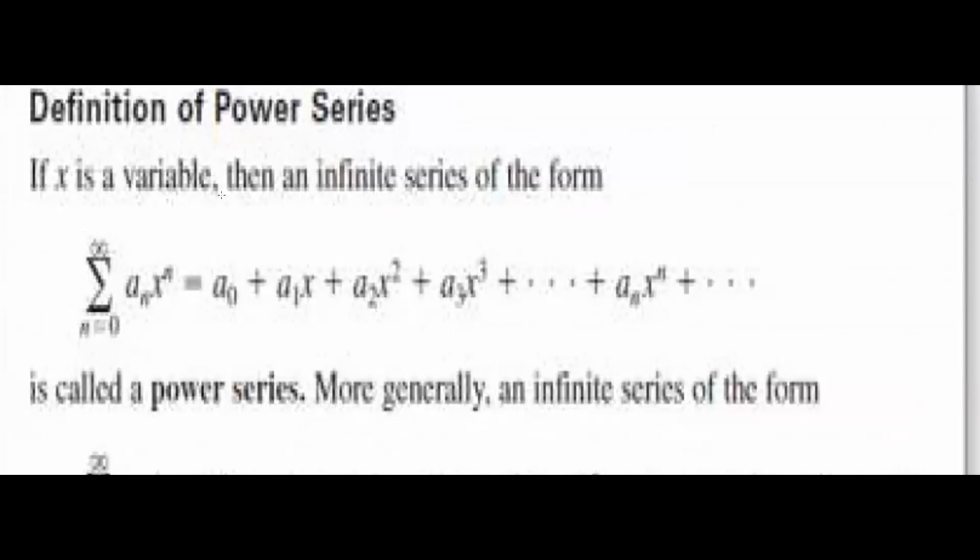Suppose you are considering x as the variable of an infinite series, and a series is written in the form a0 plus a1x plus a2x squared dot dot dot like this. So as a whole, we can write it as summation n equal to 0 to infinity an x to the power n, where an is a complex number and x is also a complex number.